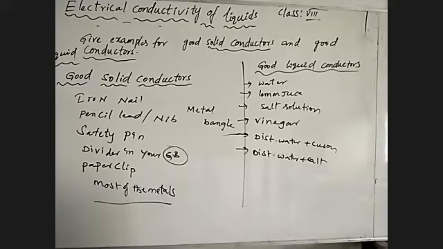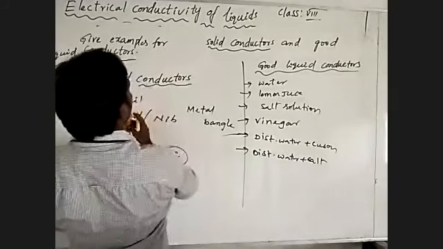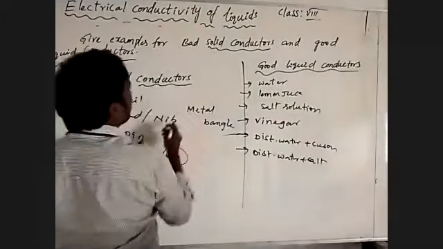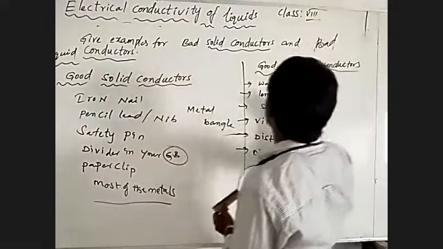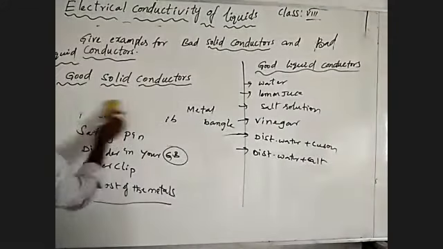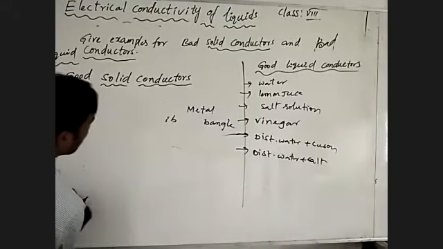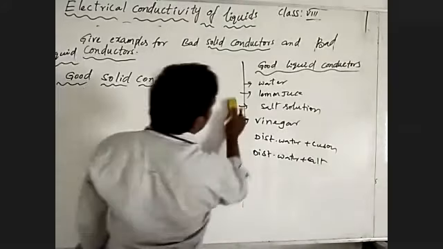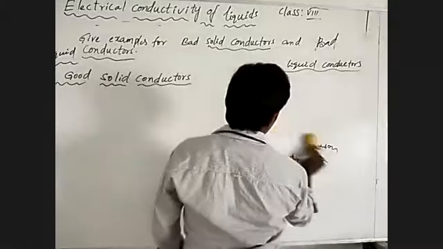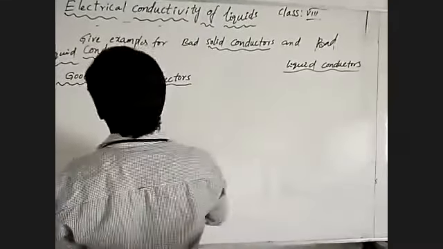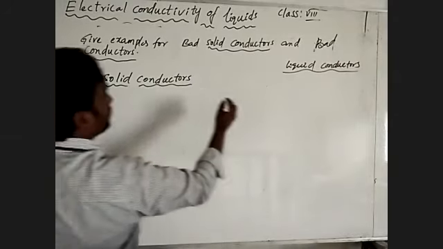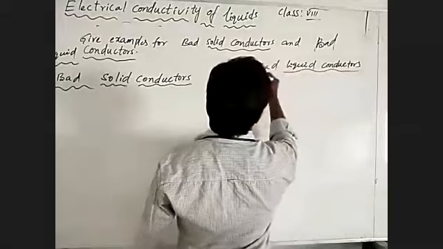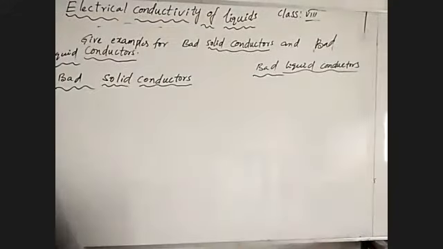Give examples of bad solid conductors and bad liquid conductors. Bad conductors means what we can say, which do not allow electric current through them.